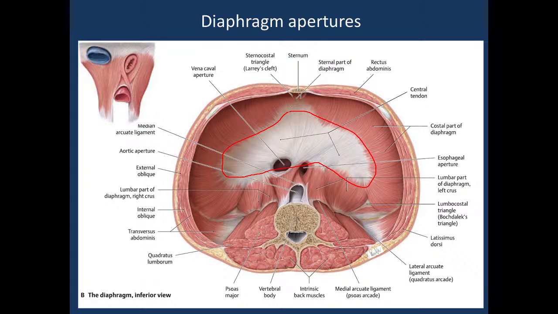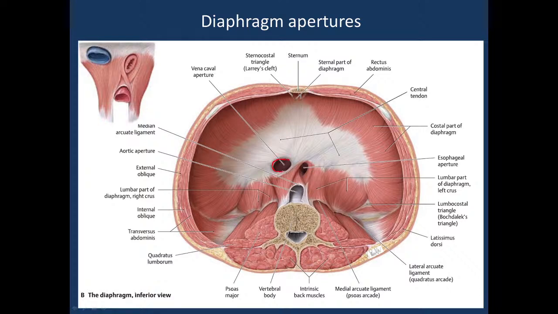So, this is the muscular part of the diaphragm here. You see these are muscular fibers, but in the central part there are no muscular fibers, only tendon, and we call that the central tendon. As you see, several organs pass through the diaphragm.